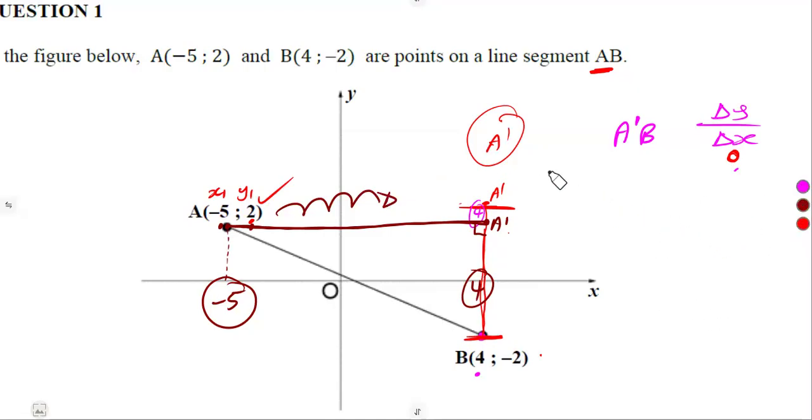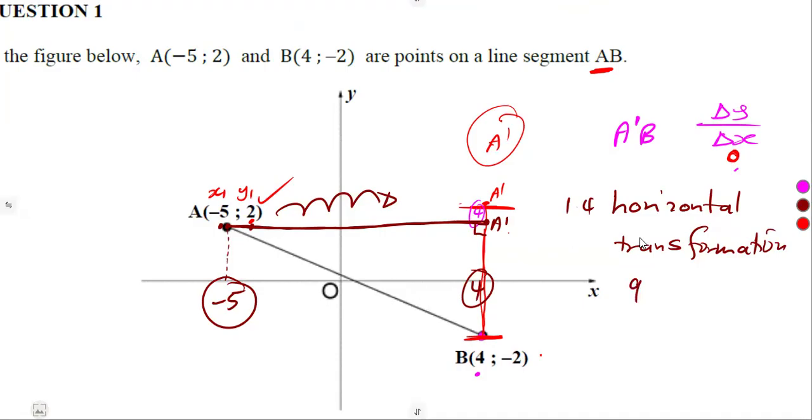So that was a horizontal transformation. All right, so 1.4, that was a horizontal transformation, 9 units to the right.